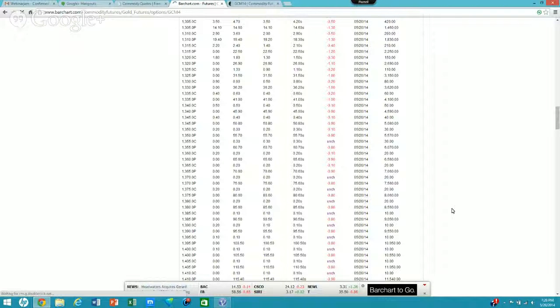Now, in most cases, not in every single case, but in almost every case, a debit spread limits your risk. In most cases, a credit spread is going to provide you the opportunity for unlimited risk.